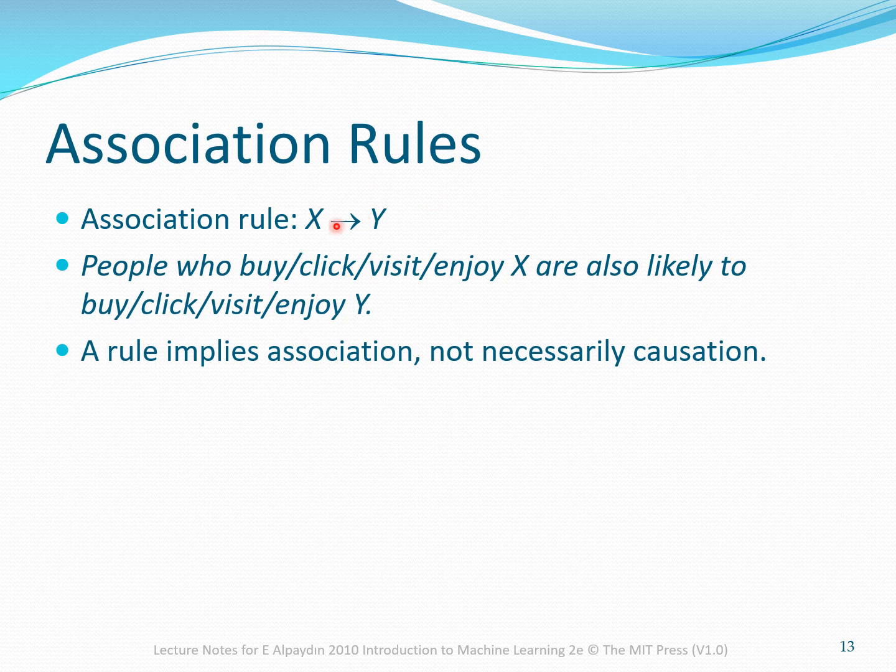Association rule. An association rule is an implication of the form X tends to Y, where X is the antecedent and Y is the consequent of the rule.